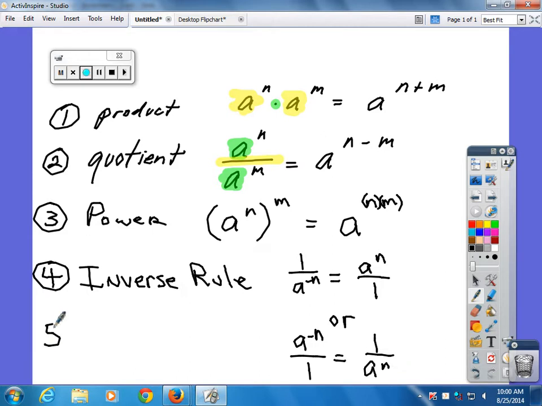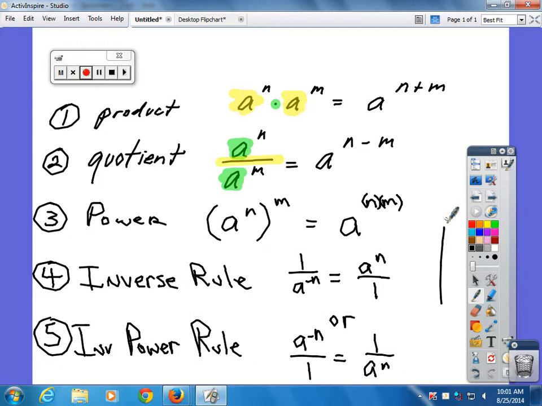And then the fifth rule is called the inverse power rule. The inverse power rule basically says you can flip everything that's in the parentheses and it'll change the exterior exponent. Okay? I don't think I can go up here. No. Alright, then we'll do this.